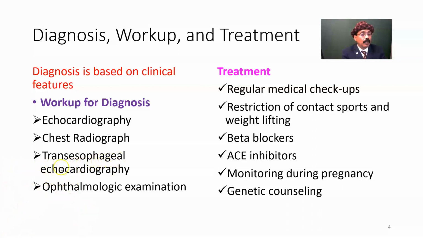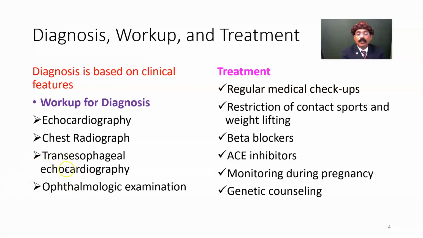Workup: we'll do echocardiography to look at the size and any abnormality in the heart. Chest radiograph will find out two things. There may be pneumothorax, or there may be heart enlargement and aortic aneurysm or dilatation of the ascending aorta. Okay, chest radiograph. Transesophageal echocardiography is good for diagnosis of the dissecting thoracic aorta, descending thoracic aorta dissection.